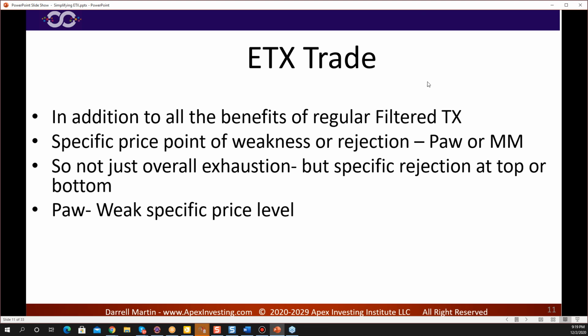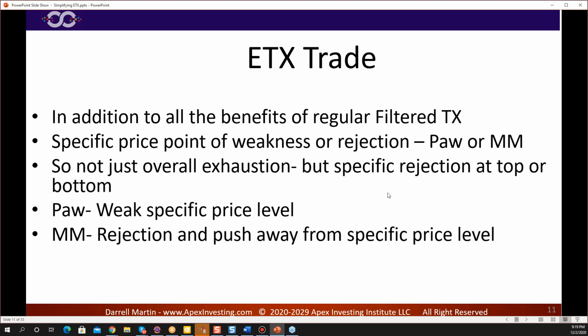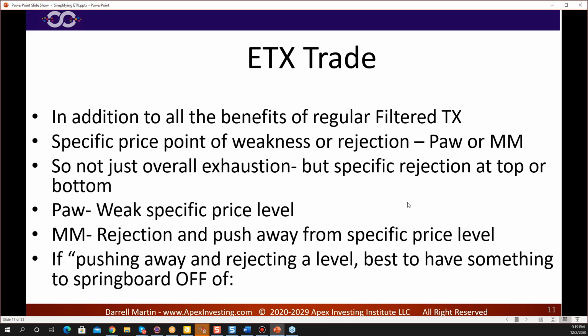Okay, so we want either a paw print, which shows us a weak specific price level, or we want a mini magnet, which shows us rejection and push away from a specific price level.